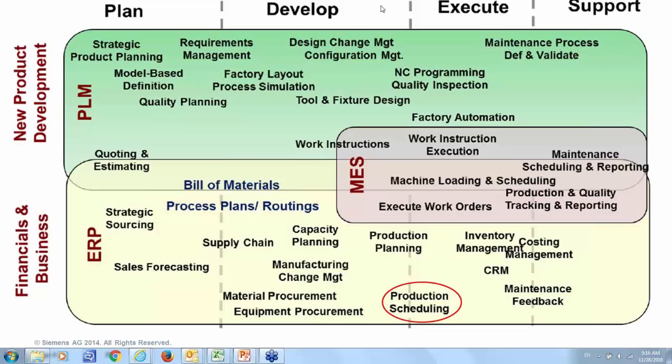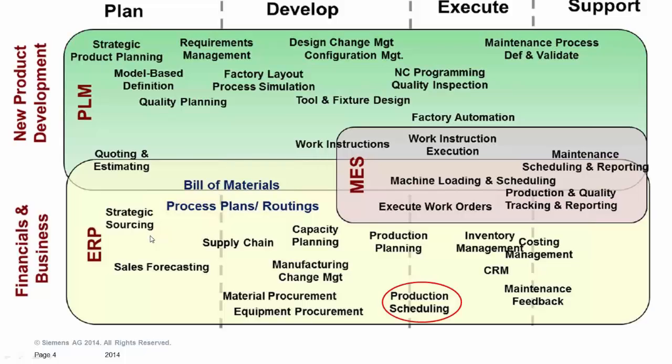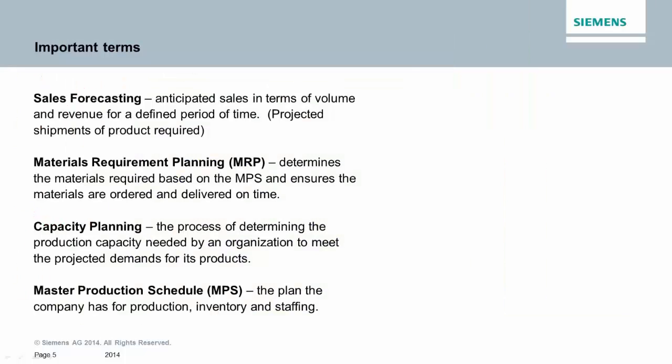And in this diagram, we see that production scheduling often sits in the ERP space. Often we think of it as sitting between the ERP and the MES. And other functionality that is quite close to production scheduling is production planning, capacity planning, and sales forecasting. So some important terms that we need to be concerned with as we're looking at this space.